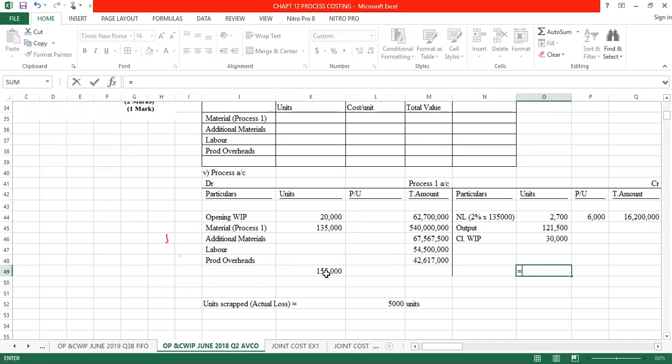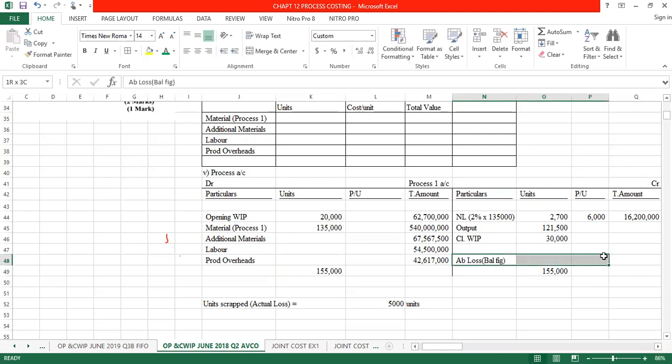So 155, I believe it is more. Abnormal loss is a balancing figure.